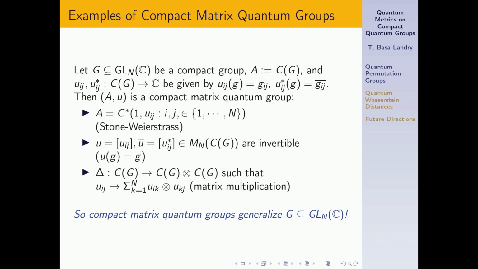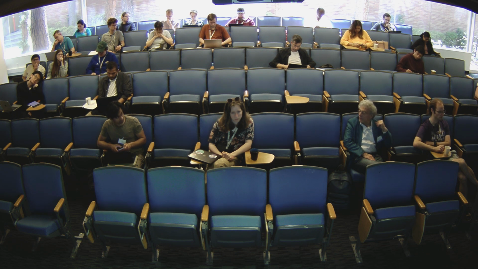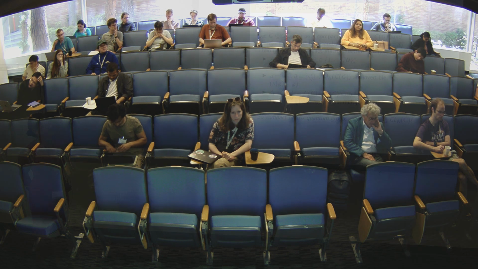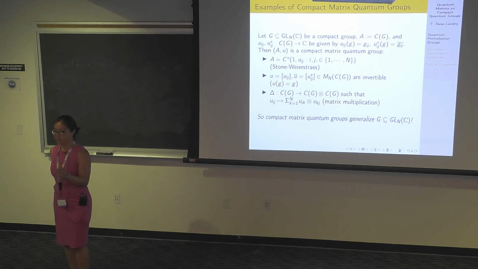Just a quick question. So Gelfand duality says that if you have an abelian C-star algebra, it's continuous functions on some space. Is there some sort of reverse map here as well? Right. Well, so here we have that these are continuous functions on some compact matrix group. So the group is compact.